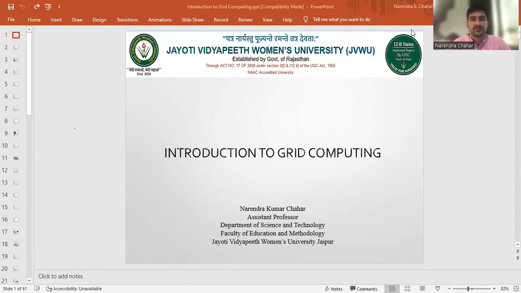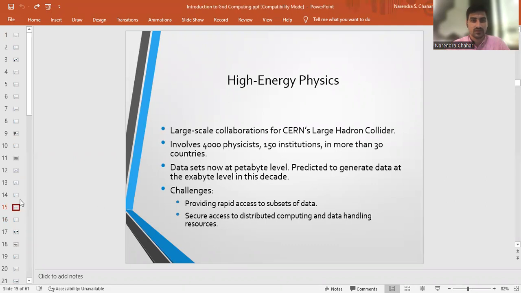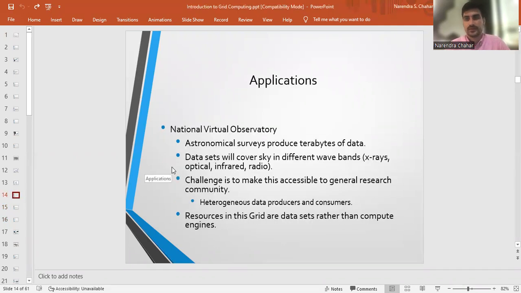In the previous session, we discussed the introduction to grid computing. Now, in this session, we will discuss an overview of applications, and then we will see the applications. In the applications, there is the National Virtual Observatory.